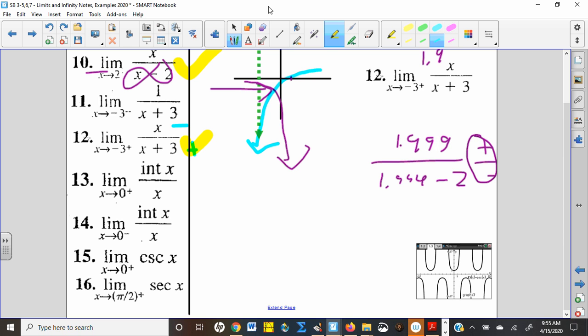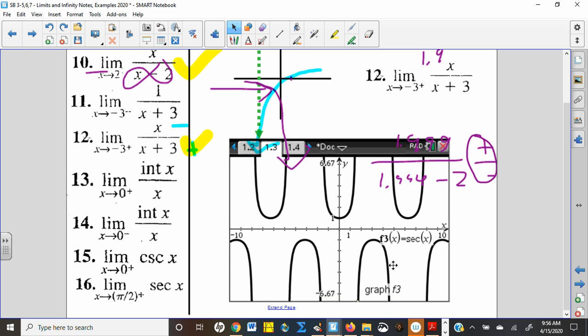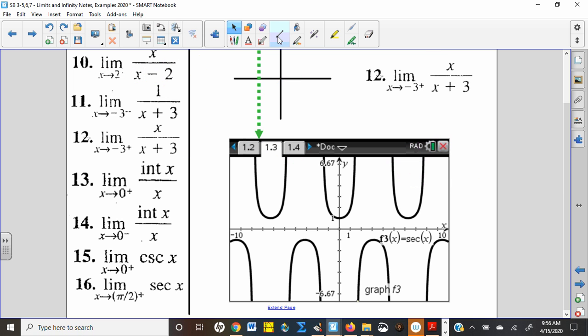For example, number 16, right, is a secant problem, and I have the graph of it right here. If you don't remember how to graph a secant, you basically graph a cosine. Cosine graph, which would look like this.